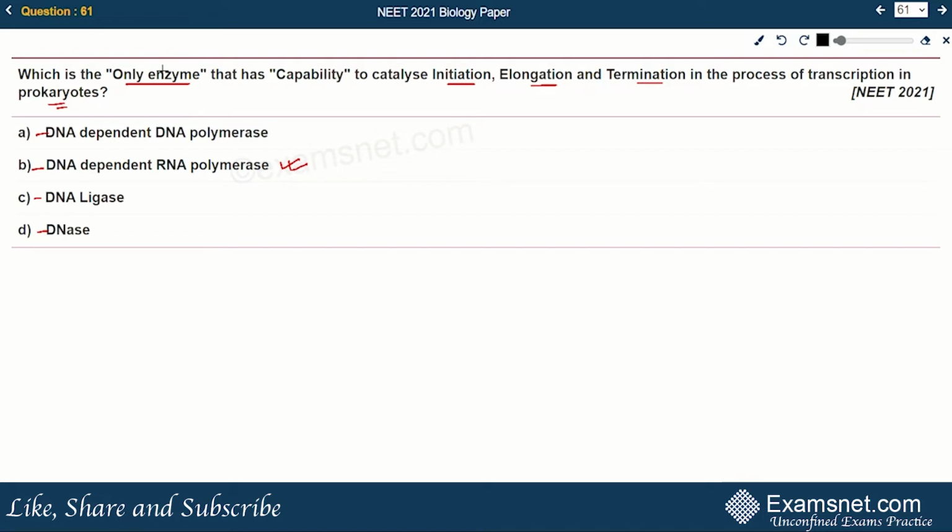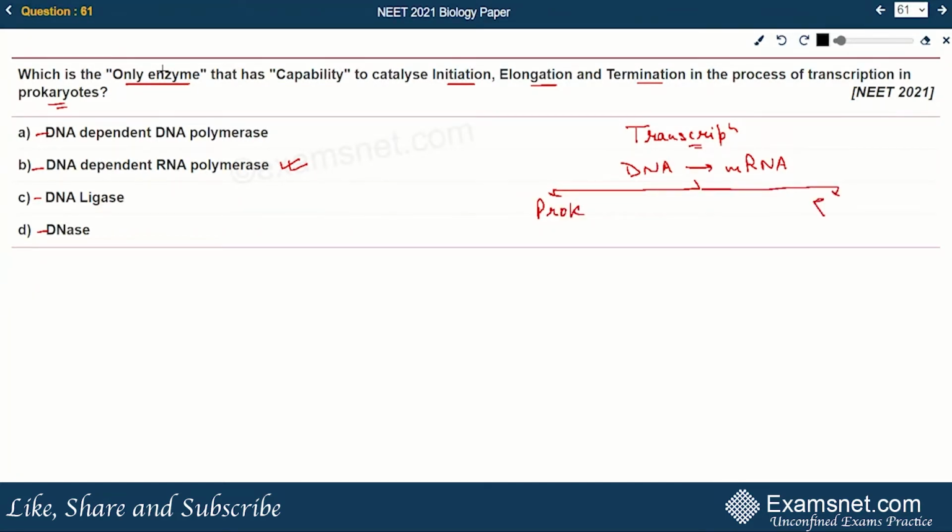We know that the process of transcription involves copying of genetic information from one strand of DNA into an mRNA, and the enzyme used is generally RNA polymerase, but there is some variation between prokaryotes and eukaryotes.